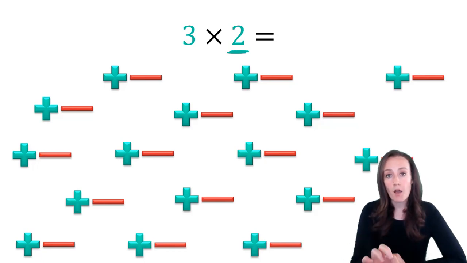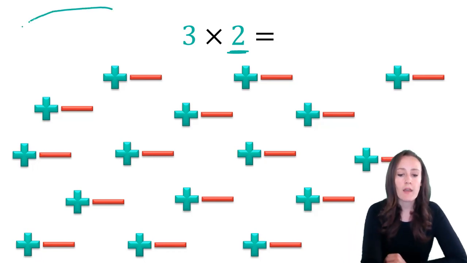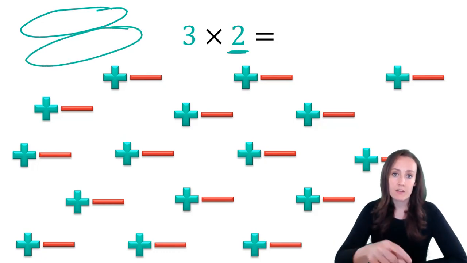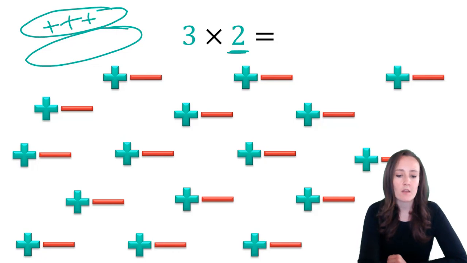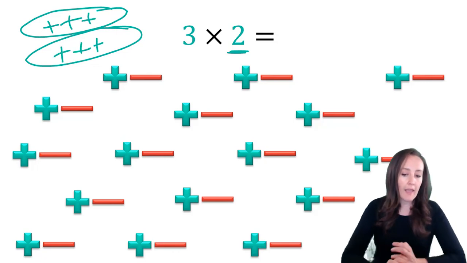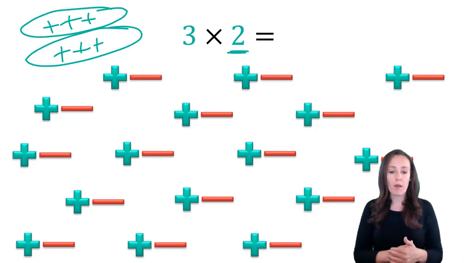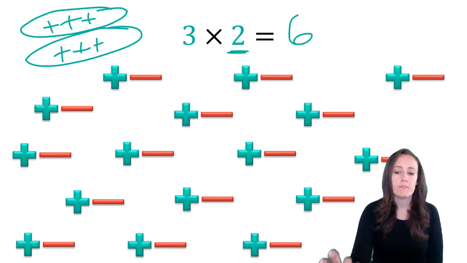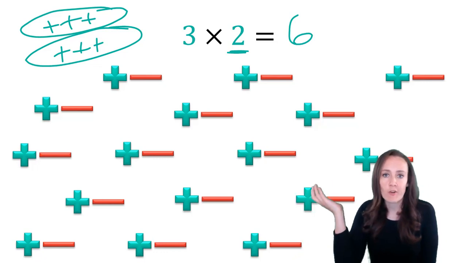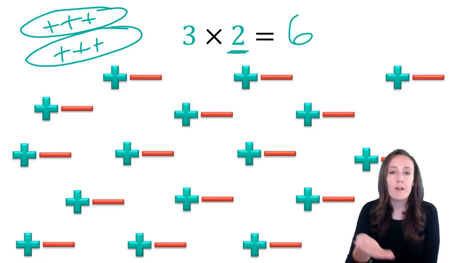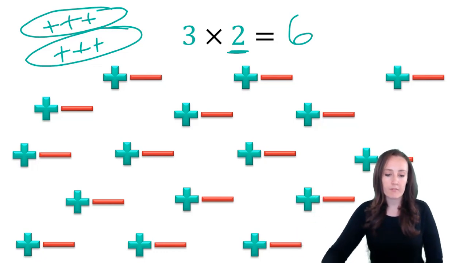Because it's a positive 2, that means I'm going to have 2 groups, and these groups are being added to this situation because they're positive. Each one of these groups is going to have 3 positrons in it. When I add these 2 groups of 3 positrons, I'm going to get a positive 6 charge, which, as you know from 3rd grade or whenever you learned multiplication, 3 times 2 does equal positive 6.